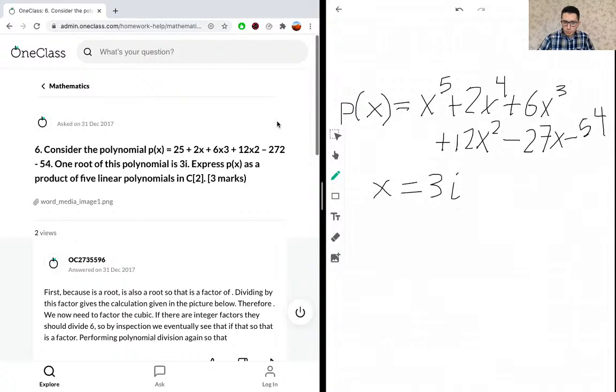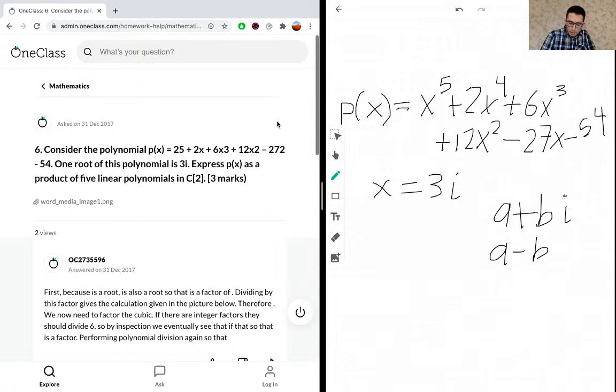So knowing this, because we have an imaginary root, we can also say that the conjugate is also a root. So whenever we have an imaginary root, we know that the conjugate is also a root. Imaginary roots are always expressed in this format: a plus bi, and then the conjugate is always a minus bi.